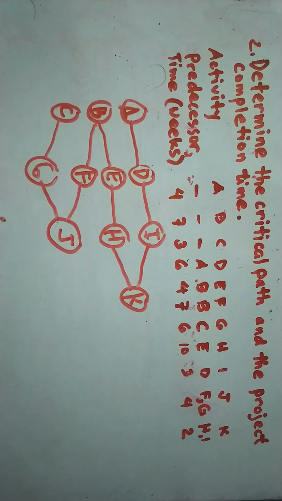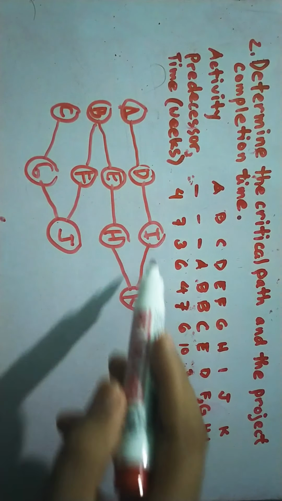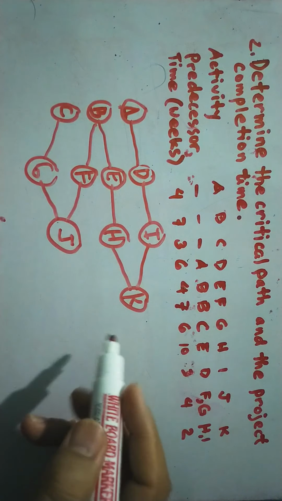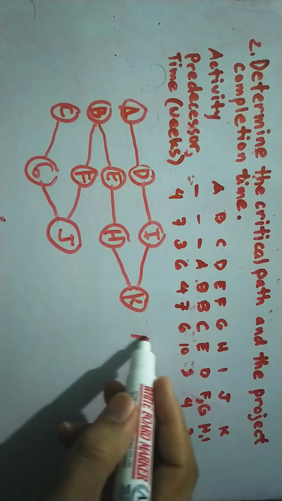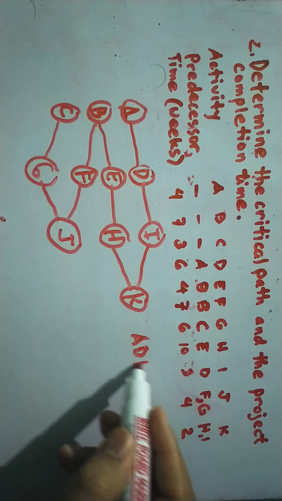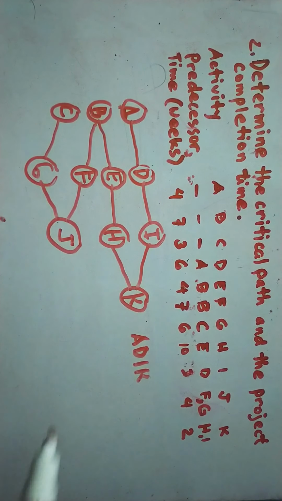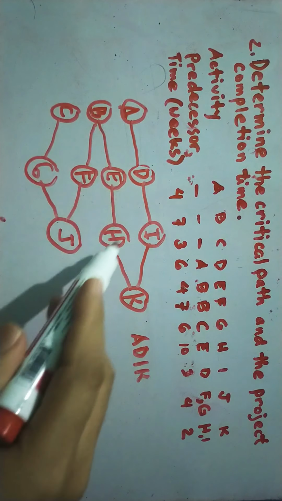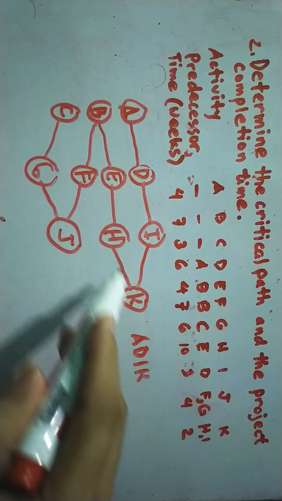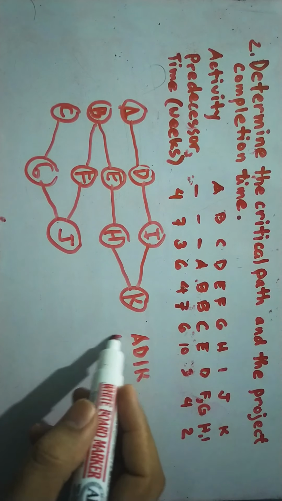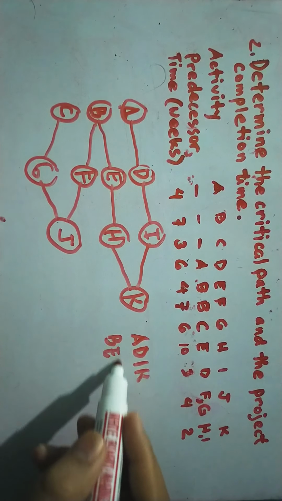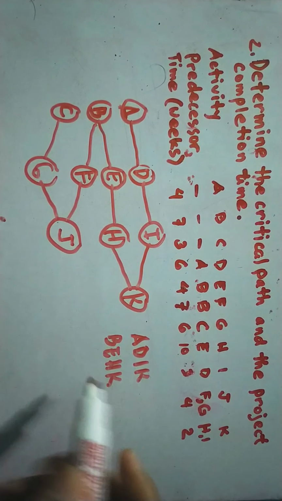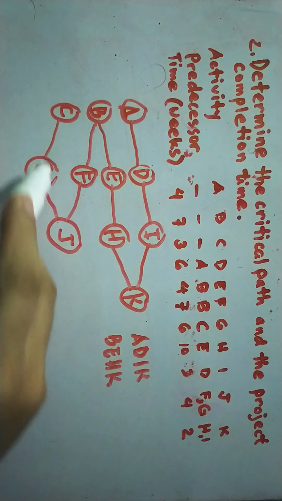Now if we're going to track the paths, we have ADIK, so I will write here ADIK. If you count this one, 1, 2, 3, 4. And then BEHK, so I will write here BEHK, and then 1, 2, 3, 4.